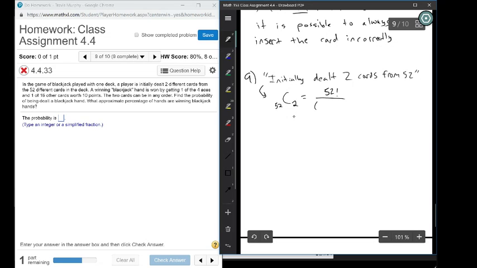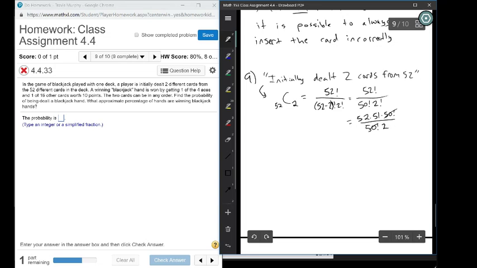So 52 factorial over 52 minus 2 factorial times 2 factorial. So 52 factorial over 50 factorial times 2 factorial is 52 times 51 times 50 factorial over 50 factorial times 2.